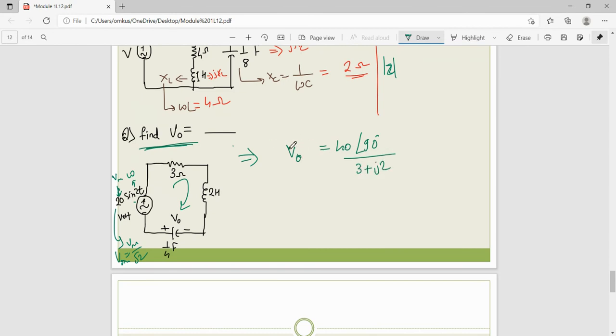This much amount you will get when you use the maximum value. For this voltage V naught, to get the rms value you need to divide by root 2. So the final rms value you will get here is 7.84 at an angle of 56.3 degrees.